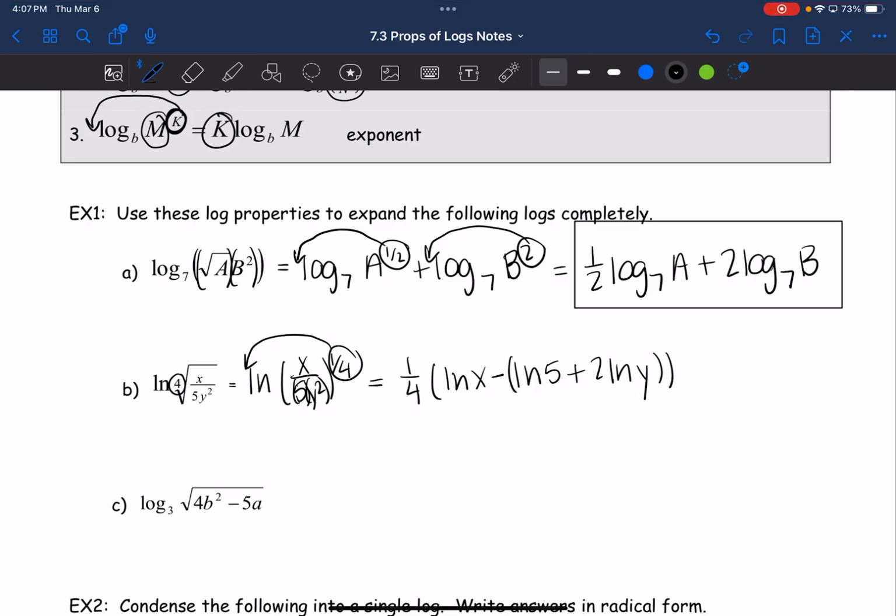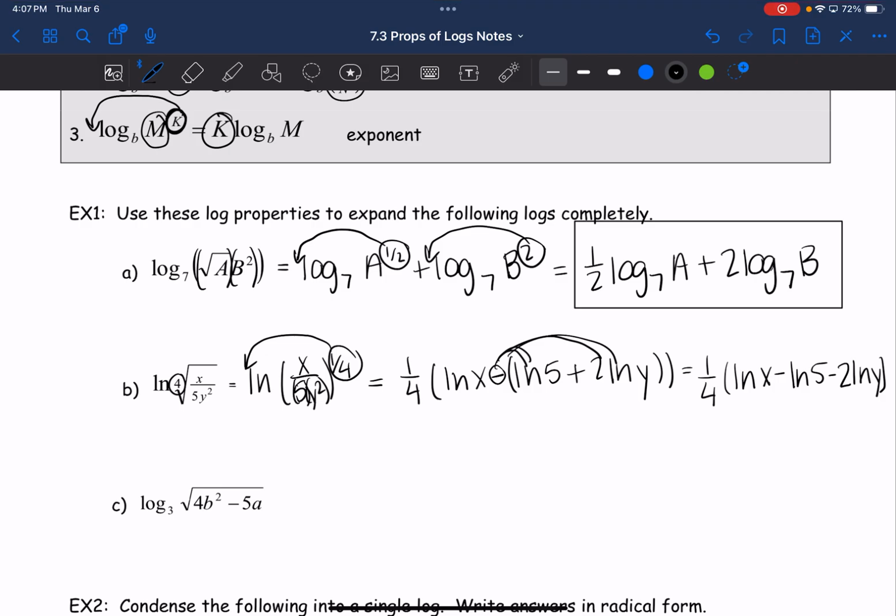Now, if I need to simplify, I would need to take this negative and distribute it into the parenthesis here. So I'd have 1/4 ln of x. When I distribute this negative here, it's just negative ln of 5. When I distribute it here, it'll be negative 2 ln y.